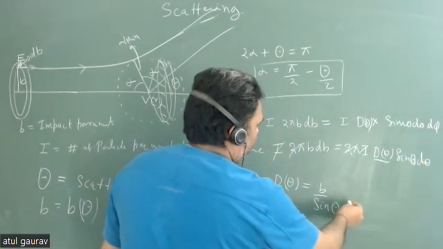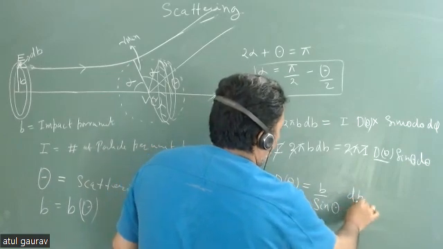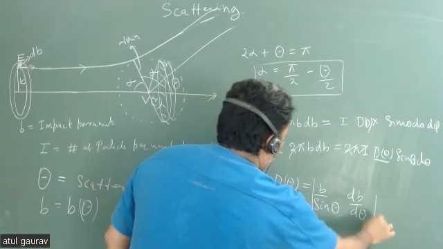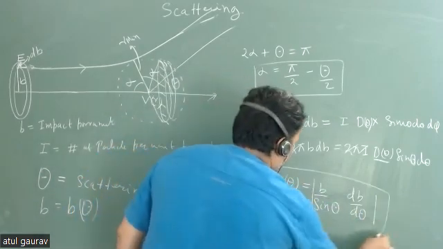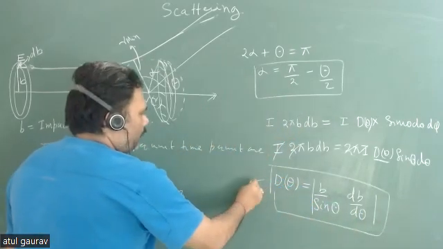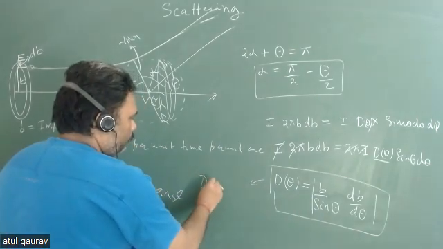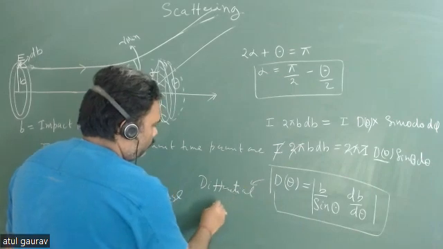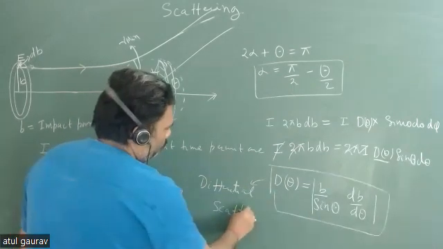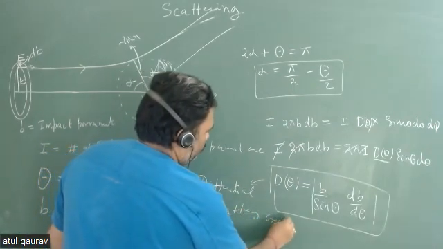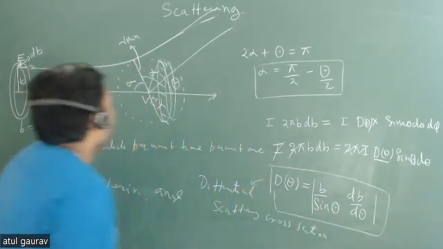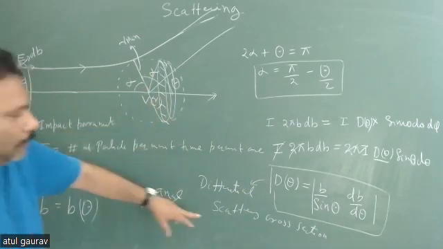This is very famously known as the differential scattering cross section. Now, this is your scattering cross section.